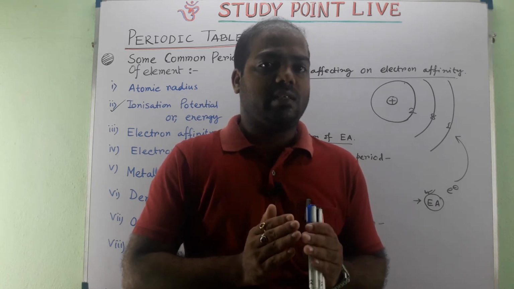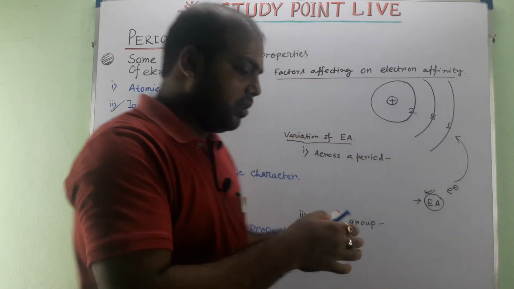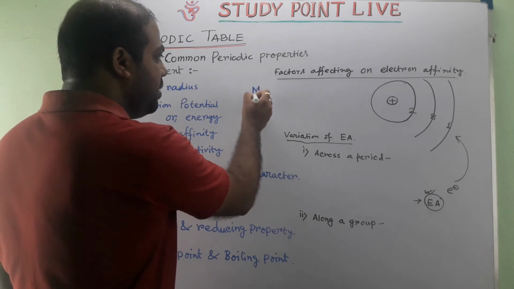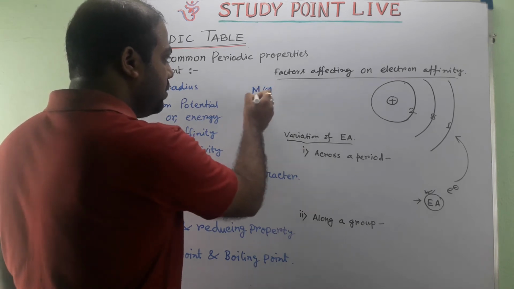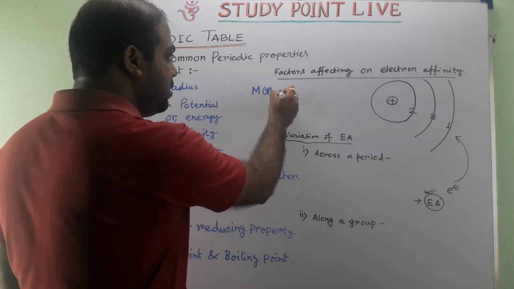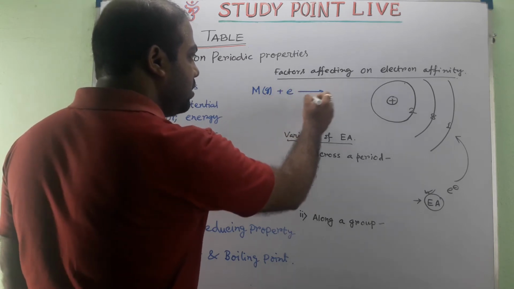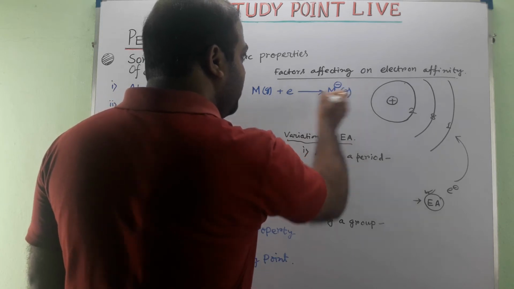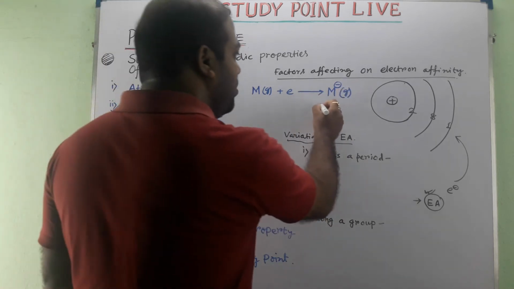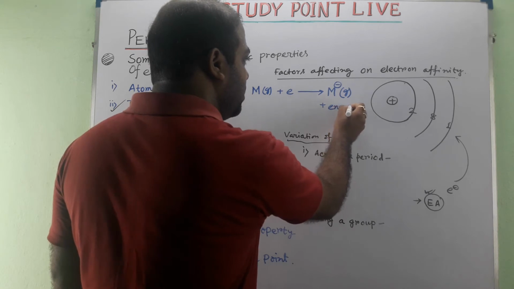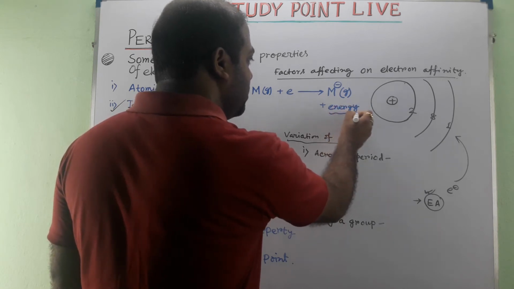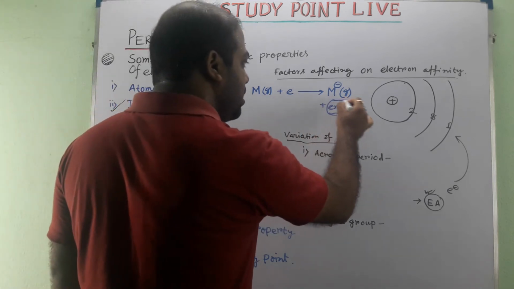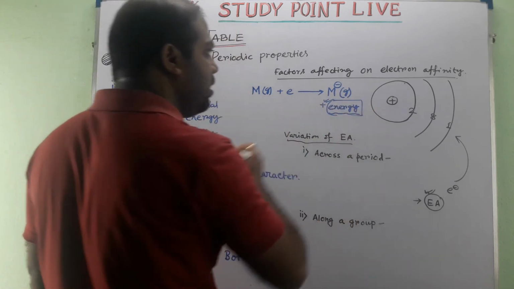When we add one electron to an element, suppose M, in its gaseous state, it converts into a negatively charged anion, and some amount of energy is released during this process. This energy is known as the electron affinity.